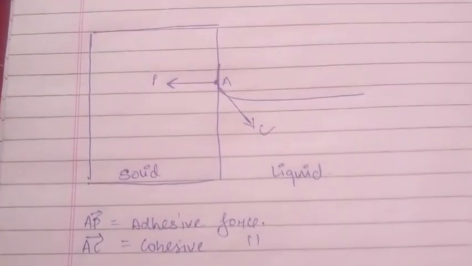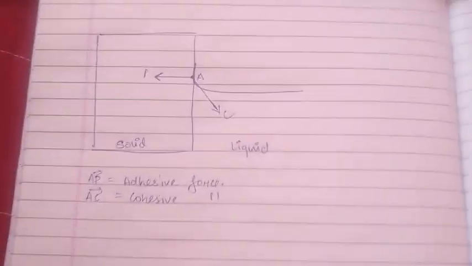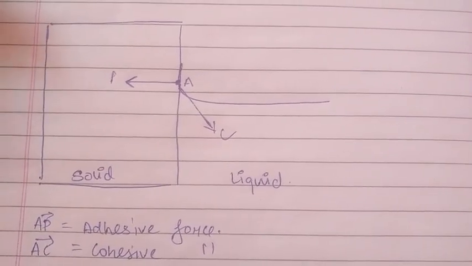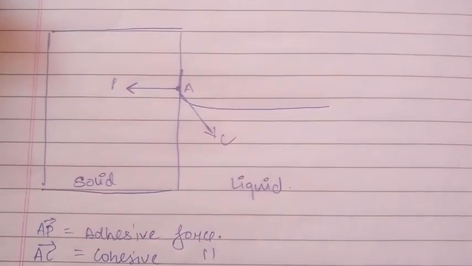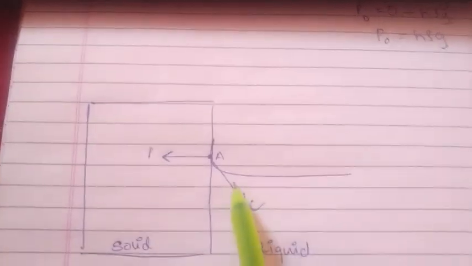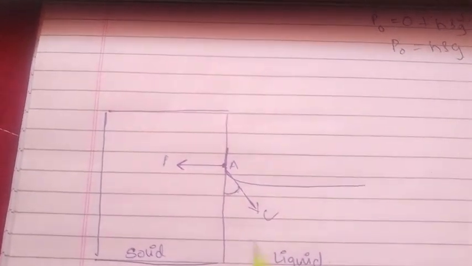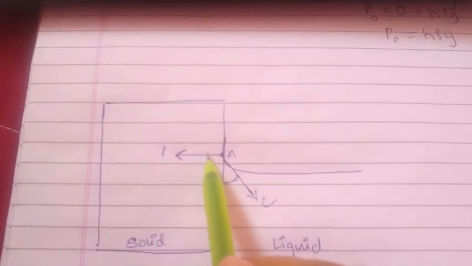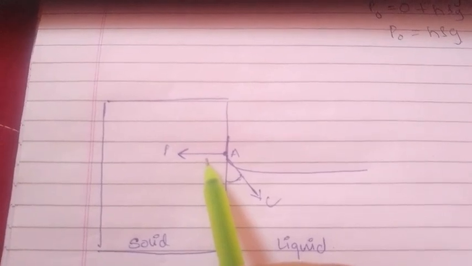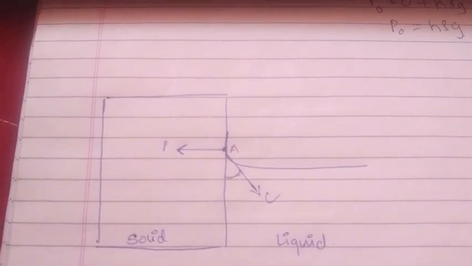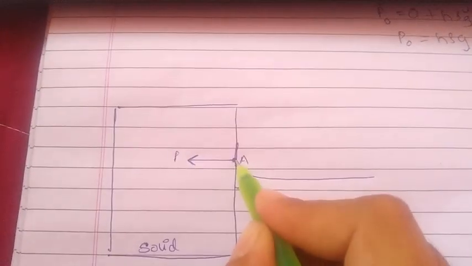Now in this case the adhesive force is more than the cohesive force. So the resultant due to both these forces will be towards the inside of the solid surface. You can see here that the angle made by the cohesive force with the solid surface is approximately 45 degrees, and as AP is very much greater than AC, the resultant, the net force, is directed inside the solid.